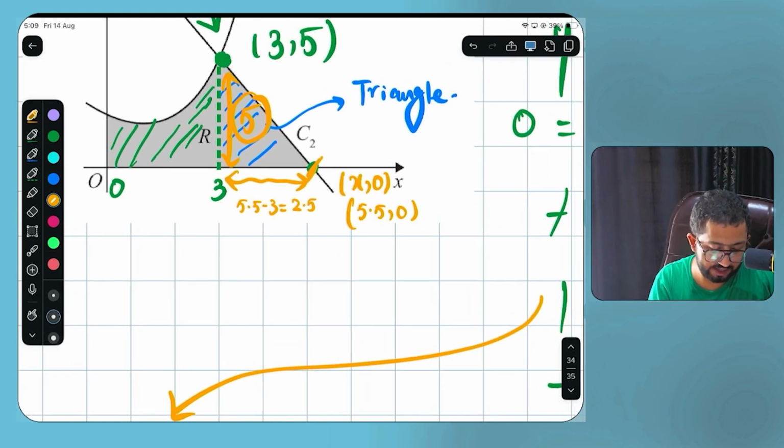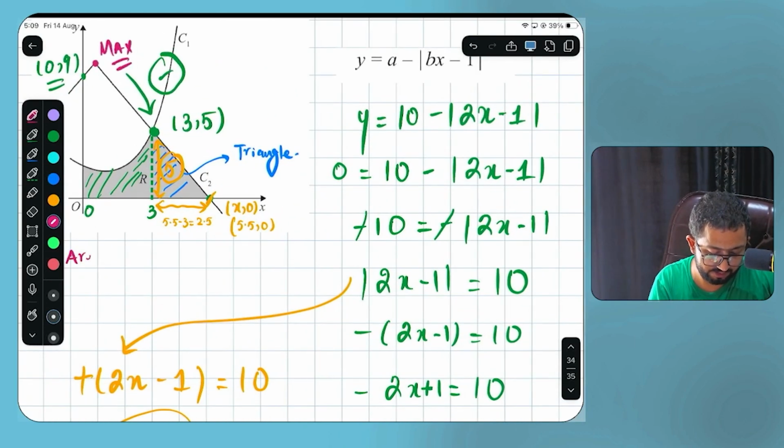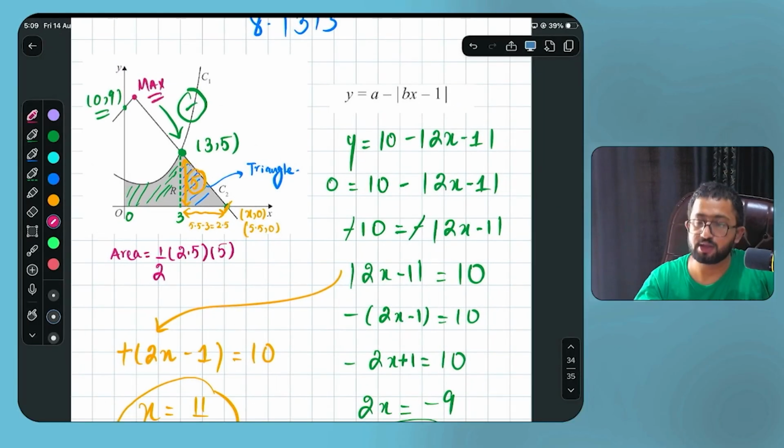The area of the triangle will become 1 over 2, base is 2.5, height is 5. Just figure out the answer, which is 6.25.